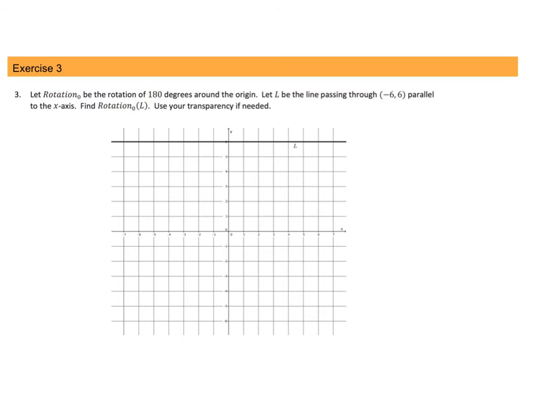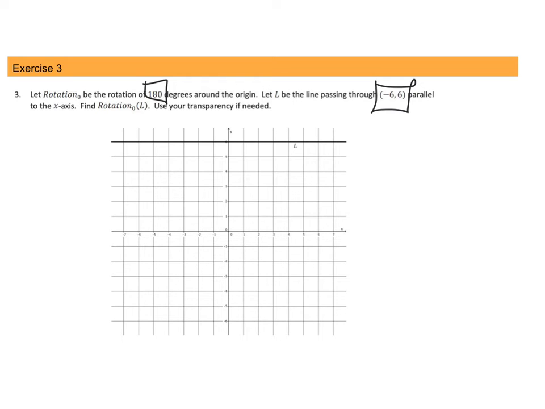This time we are rotating this entire line around the origin, still 180 degrees. When you have a line, you just need to identify 2 points, or in this case, they give you one of the points. But you just need to identify another point so that you can rotate that point.